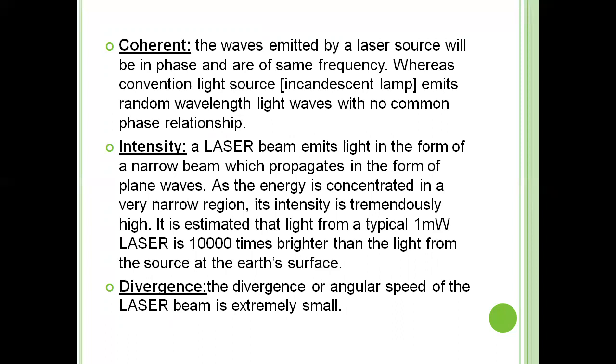Whereas conventional light sources, which we use domestically, emit random wavelengths with no common phase relationship with each other. As I told you earlier, conventional light sources produce radiations in all directions with all wavelengths, and there is no common relationship between them. They are out of phase with each other.